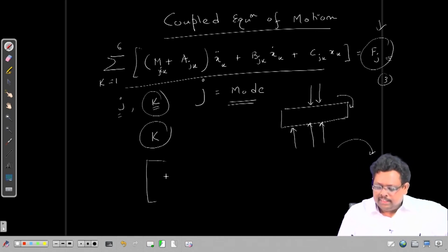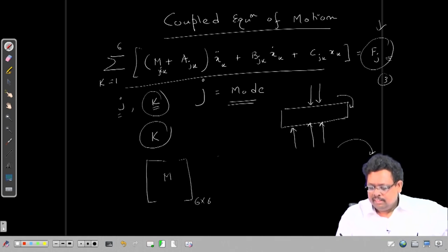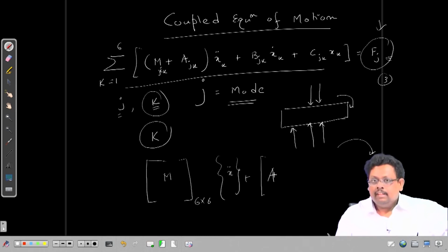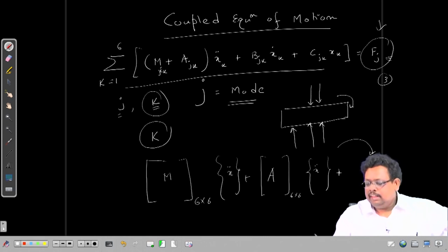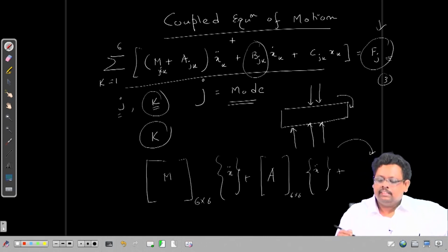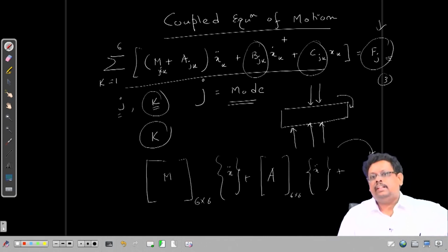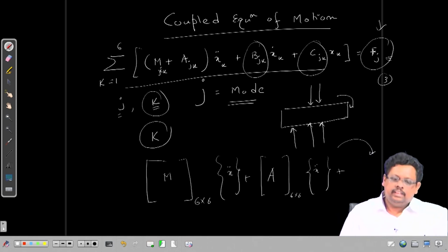You can have this M, which is a 6 cross 6 matrix, with respect to x double dot, and also the matrix A, also a 6 cross 6 matrix, with this again x double dot, and then you can have B also a 6 cross 6 matrix, and C also 6 cross 6, and then of course the force on the right hand side, right.